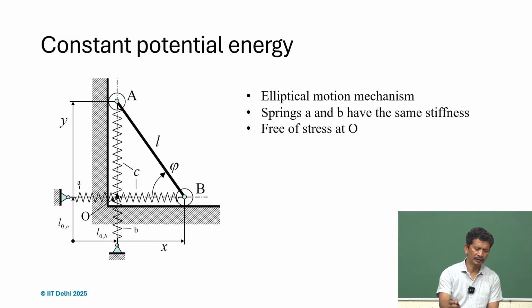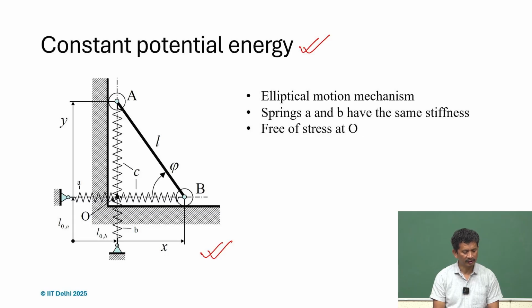So if you are looking at constant potential energy mechanisms, look at this example. What we see is a bar AB. Any point on that link AB, if it moves and slides on the vertical and the horizontal surface, so there are rollers, so it can move smoothly.